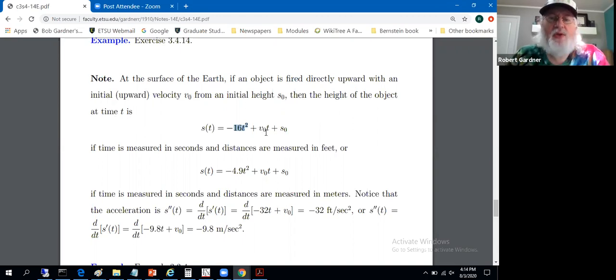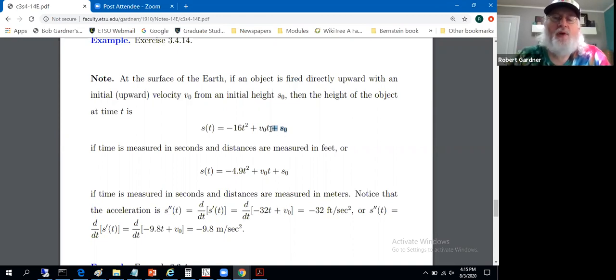And in firing the bullet on the moon, we had another term here. We had a constant multiple of t, it was 832 t. That represented initial velocity. It was the same on the Earth as it was on the moon, because they're firing the same gun, presumably on the surface of the Earth as the surface of the moon. And we didn't have a term over here, because we were standing on the surface of the Earth or the surface of the moon, so there wasn't an initial height or an elevation off the surface.